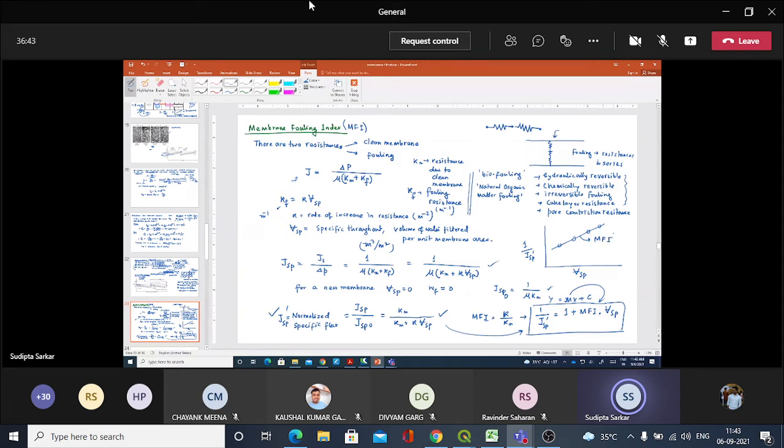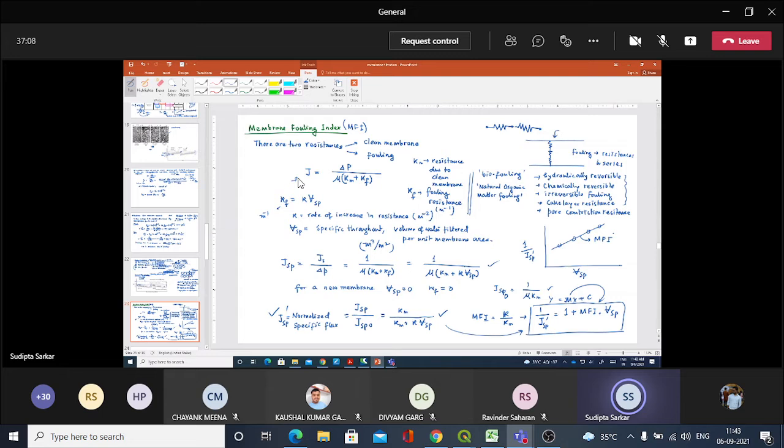Membrane fouling index. So it's an empirical fouling index, and it can be used to compare the rate of fouling between two different types of testing, like you have done a bench scale and a pilot scale test. So this is how we can do it.